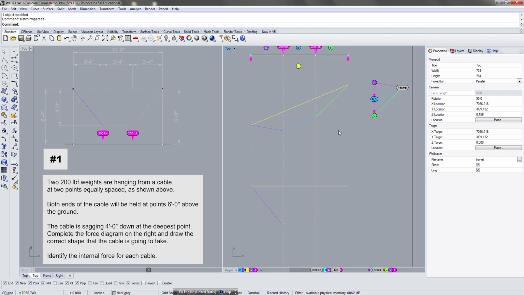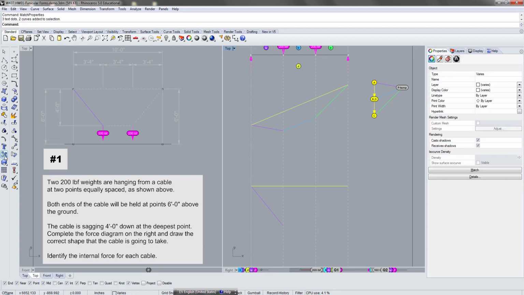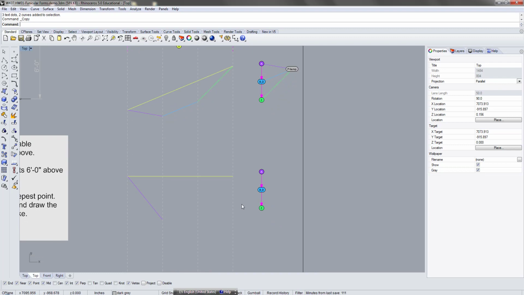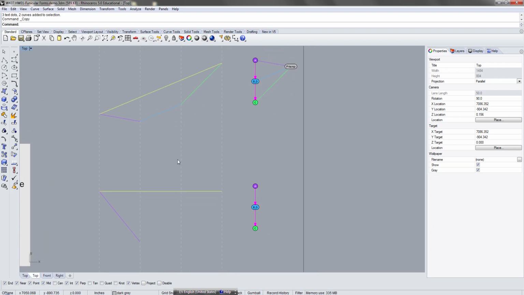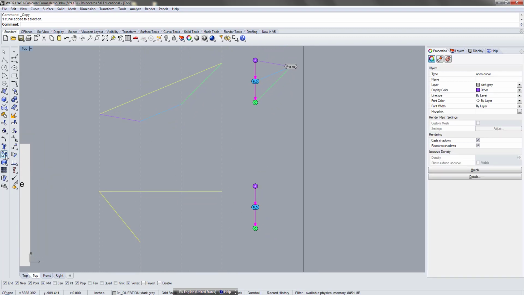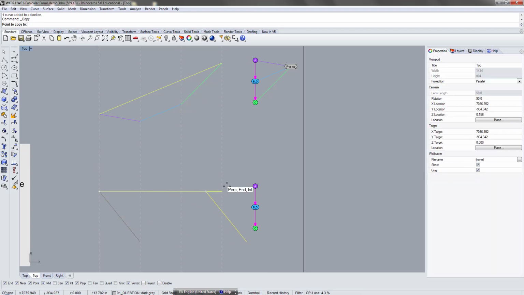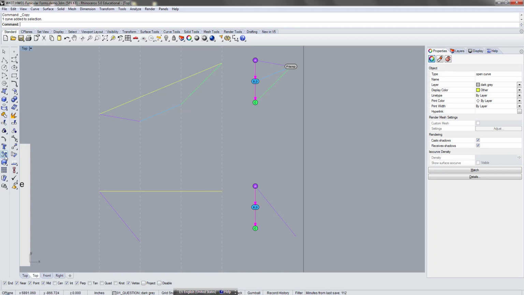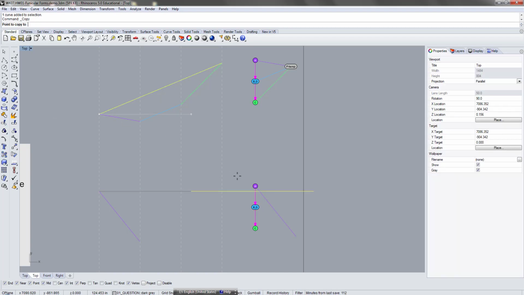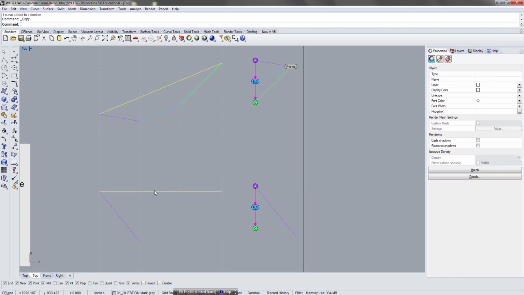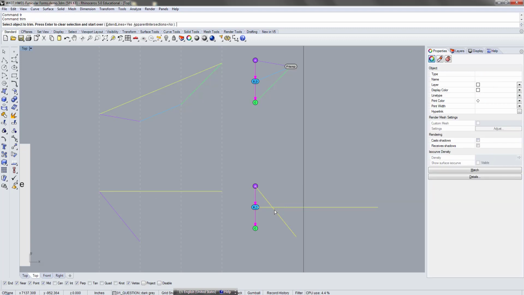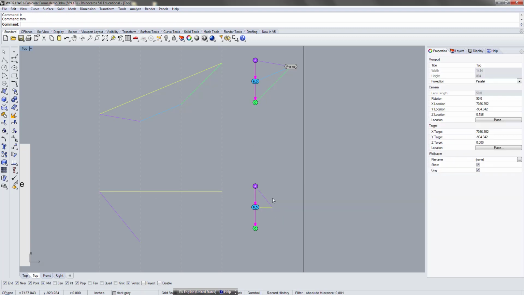From these two pieces of information, we should be able to determine how to modify this force diagram. This line here needs to pass through point A and point P, and that yellow line here should pass through point D and point P. I'm going to copy from here to here. Therefore we know the point P needs to be there.